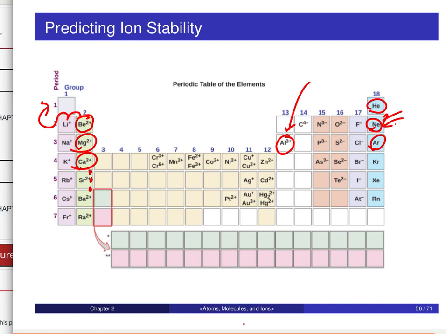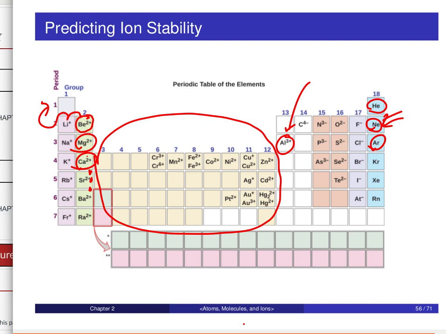The last thing I want to mention before we move on: we talked about these transition metals right in the center of the periodic table. As you may have noticed throughout this lecture, oftentimes they assume different charges.